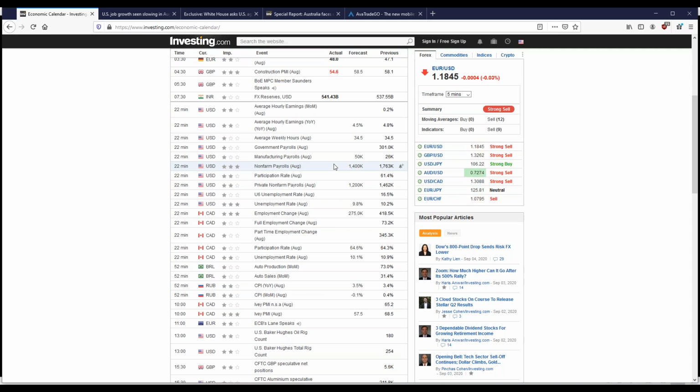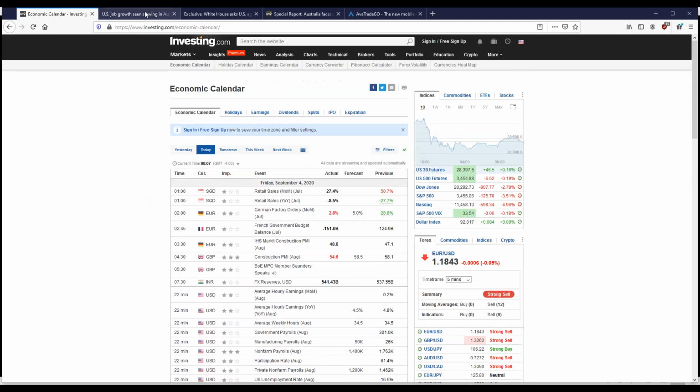The yen is considered what? A safe haven currency, right? The yen is a safe haven currency, just like gold and some other safe haven assets, the Swiss franc as well. So big movement coming. We'll take a look at the charts soon.